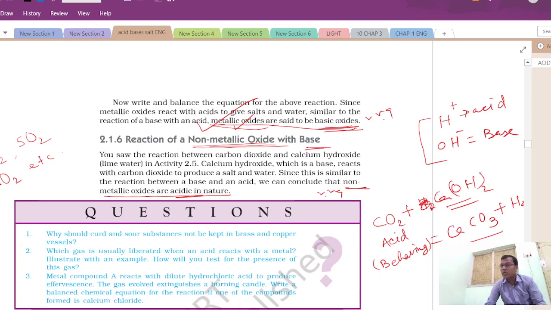So, there is no chance of liberation of OH minus ion. So, this is salt. There are three categories of compounds: acid, bases and salt. If any compound liberates H plus ion in the solution, this is acid. If any compound liberates OH minus ion in the solution, this is base. And the compound which is neither liberating H plus ion nor OH minus ion is definitely a salt.